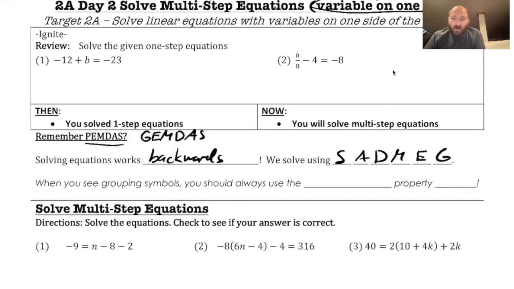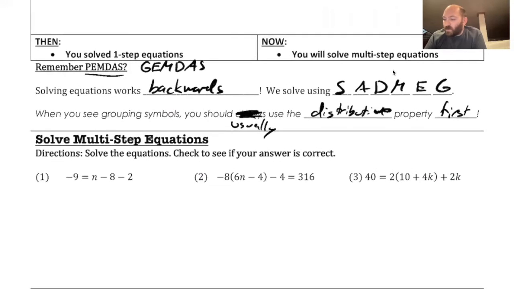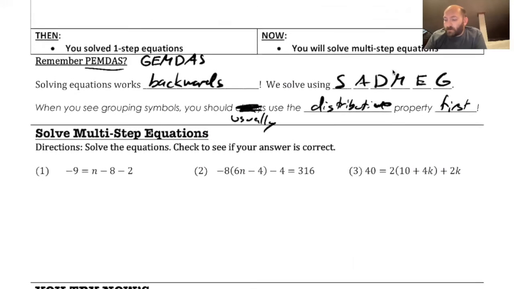There's times where we're going to have to. When you see grouping symbols, I'm going to change this to usually use the distributive property first. Because if I look at number 2, there's a way to do number 2 without doing distribution. For number 3, I have to do distribution. I'll explain a little bit more when I get to those.